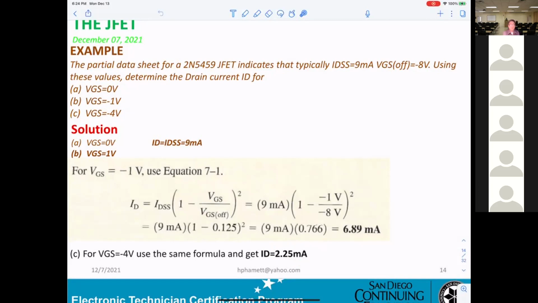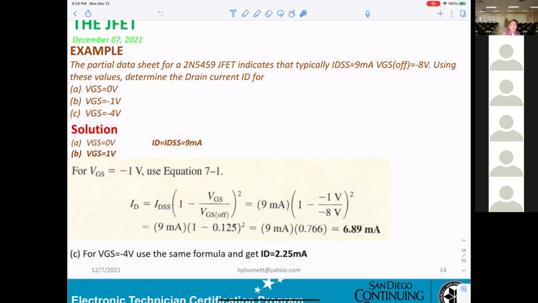Any questions about this example? Normally, in a test or quiz, if I ask for a calculation here, I can give you the formula.